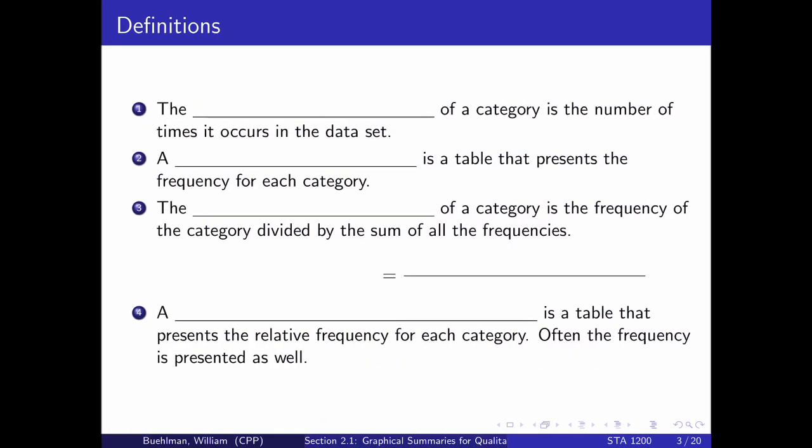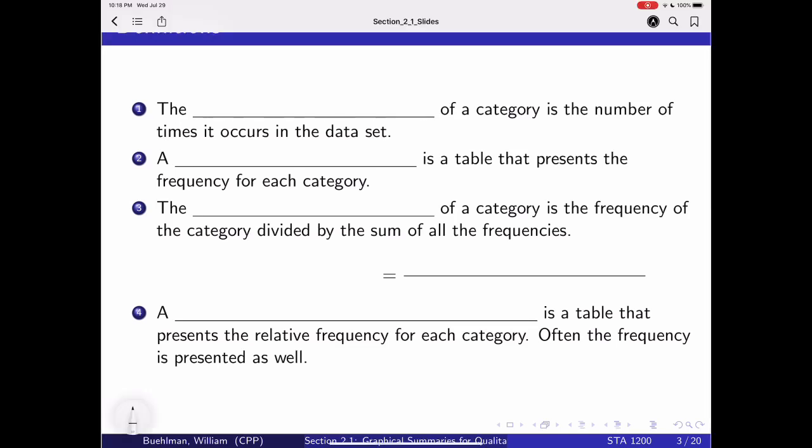So we have some definitions that we're going to go over. The first definition is frequency. The frequency of a category is the number of times it occurs in a data set. So how many times does it happen?